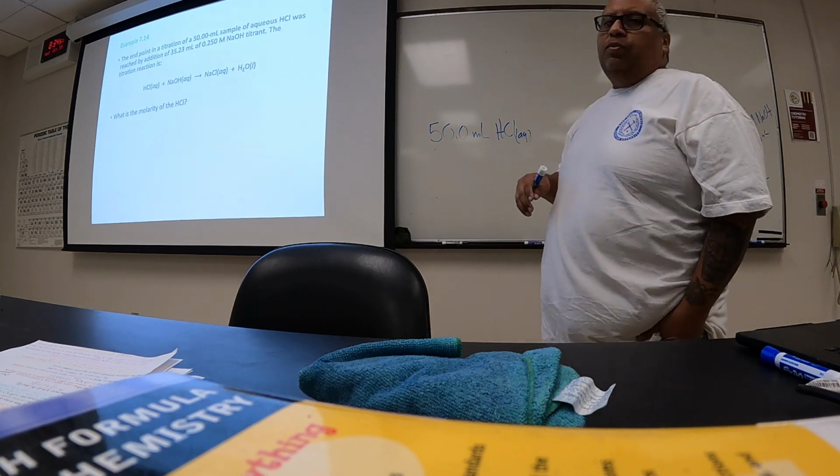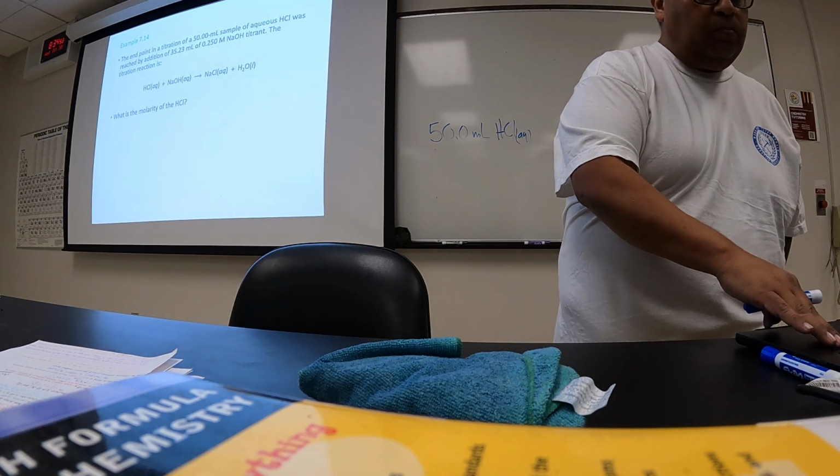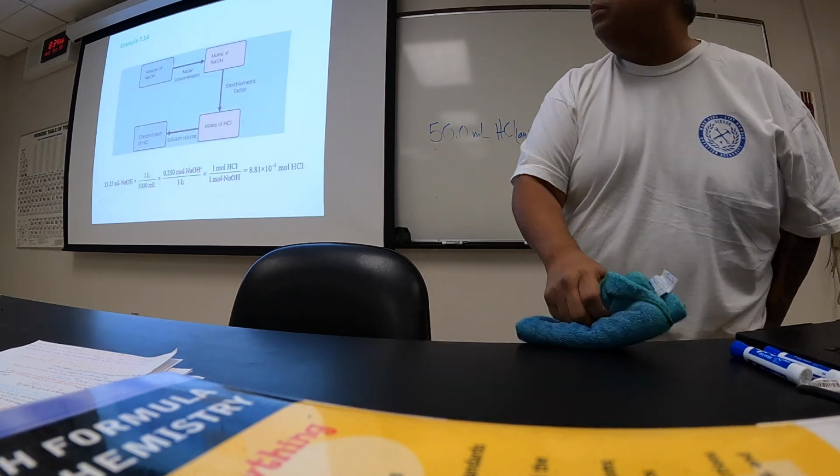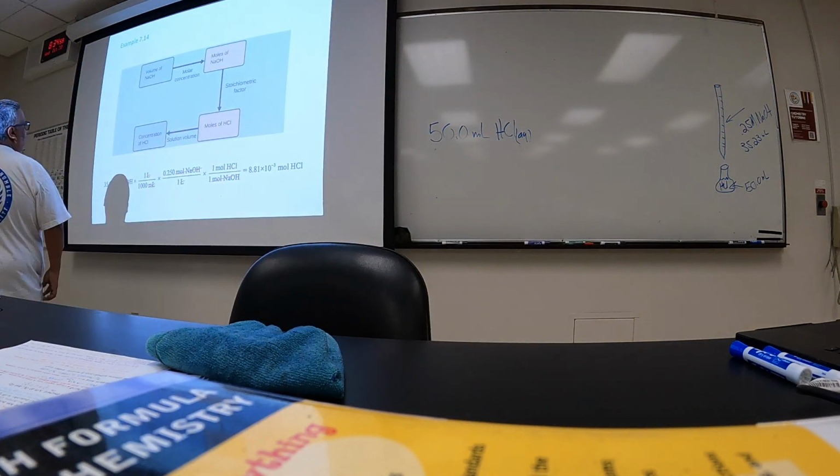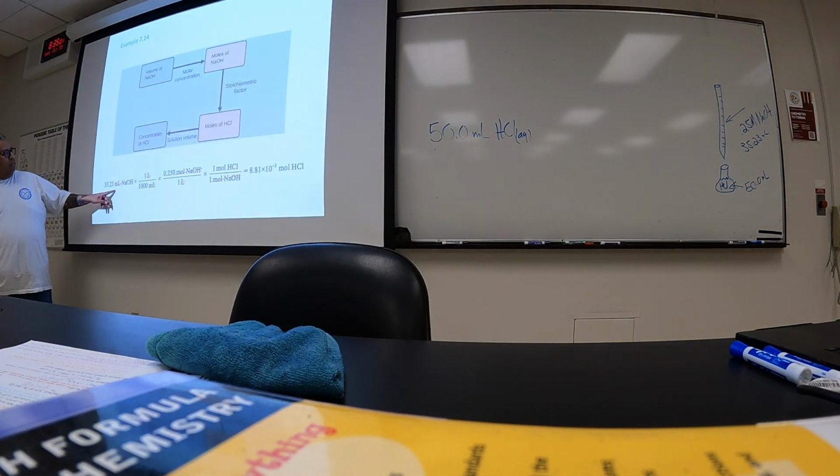So here we have this reaction here. The process for this is that we take the volume of sodium hydroxide that we use. This is from the burette. We use 35.23 milliliters of this.